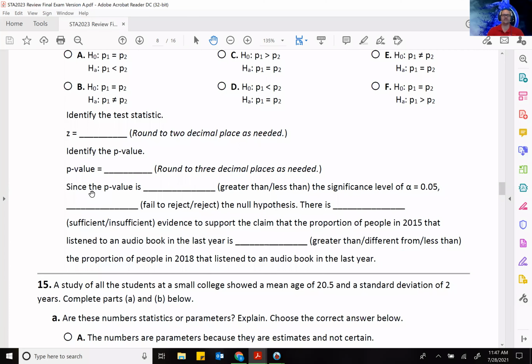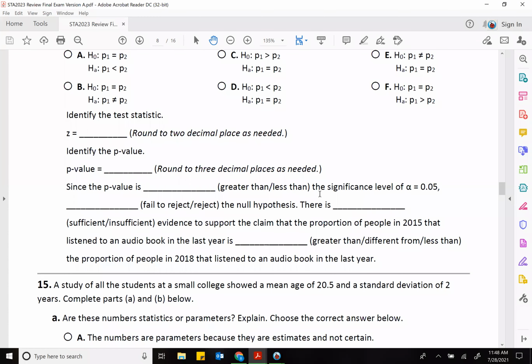So in here, it says, since the p-value is blank, greater than or less than the significance level. Less than. The significance level of alpha equal to 0.05, blank the null hypothesis.